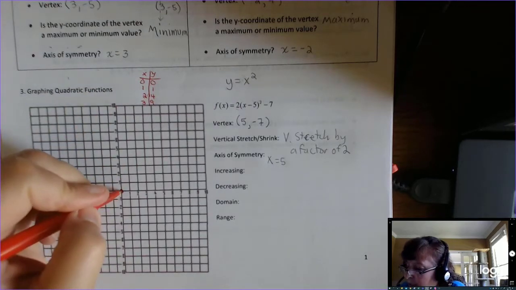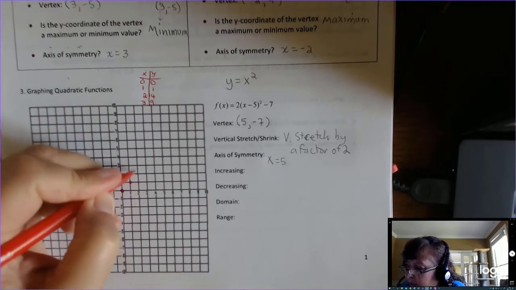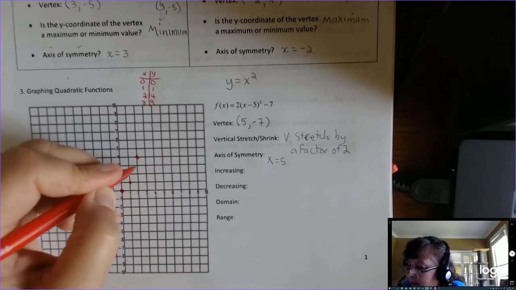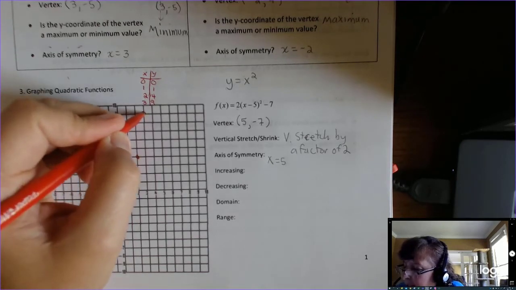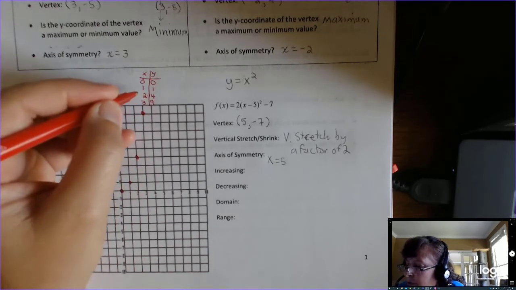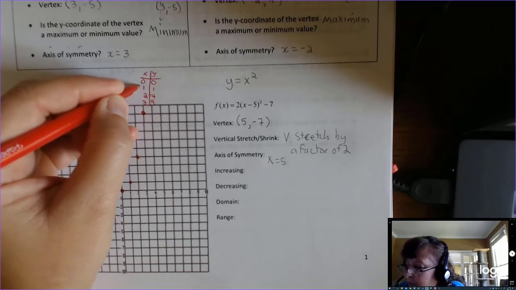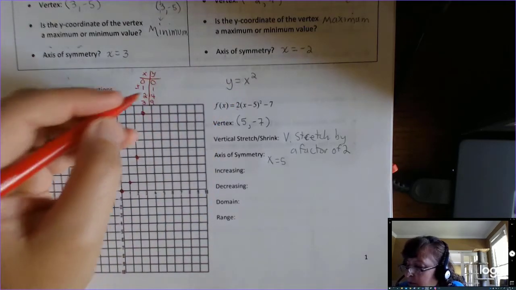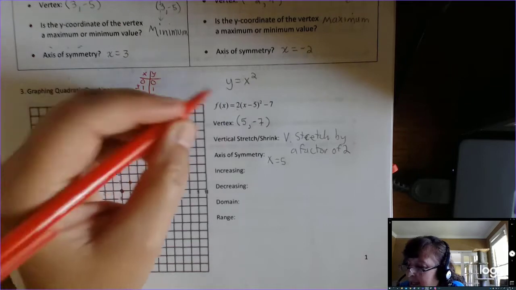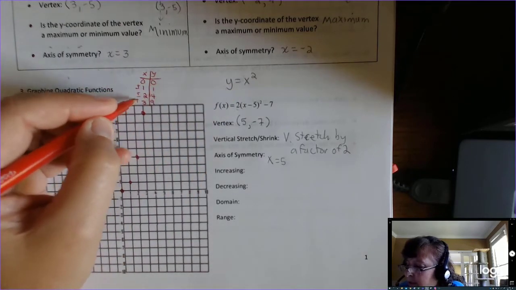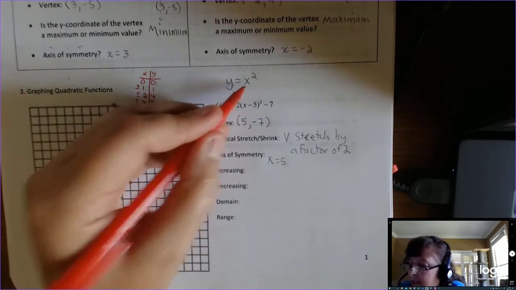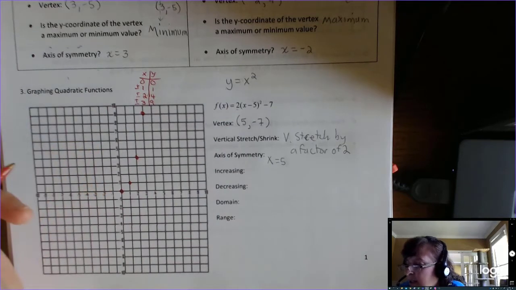Okay, so 1, 1, 2, 4, 3, 9. But also, when you put negative 1 in there, when you square it, you get 1. And when you put negative 2 in there and you square it, you get 4. And when you put negative 3 in there and you square it, you get 9.